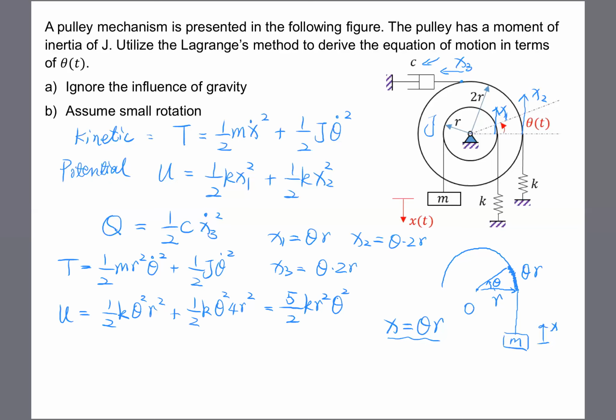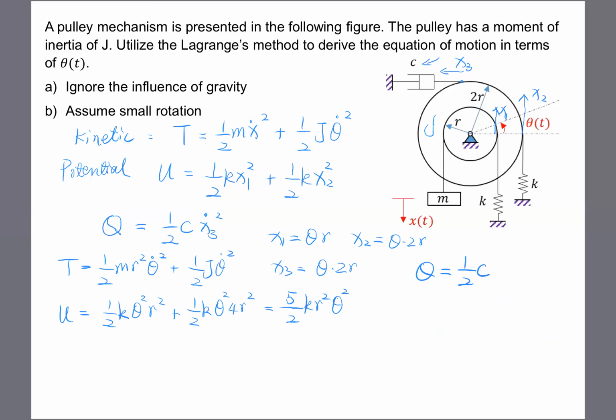So let me erase this. So the next one is Q. Q is half c, x3 is here, so we have times 4 theta squared r squared. And because it's velocities, we have to add a time derivative to these thetas.